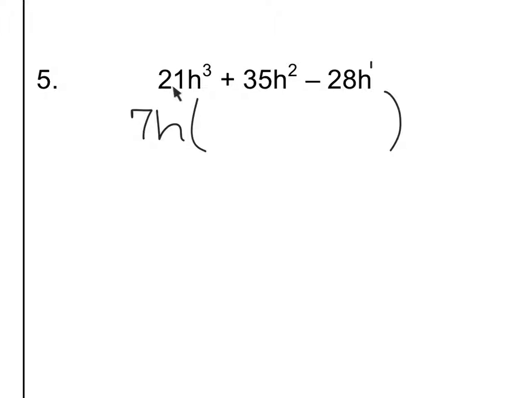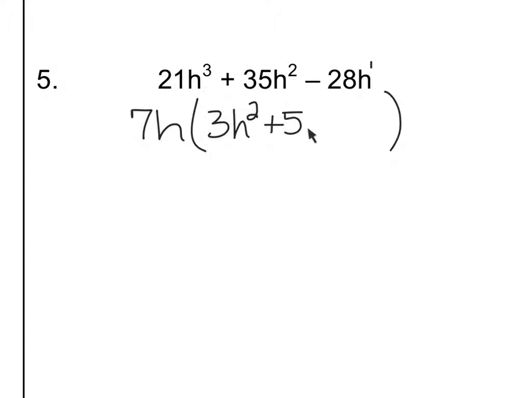Now, again, I divide: 21 divided by 7 is 3. I have 3 H's here. I want to take 1 H away, which means 2 H's are left over. Then positive 35 divided by 7 is positive 5, and I have 2 H's.